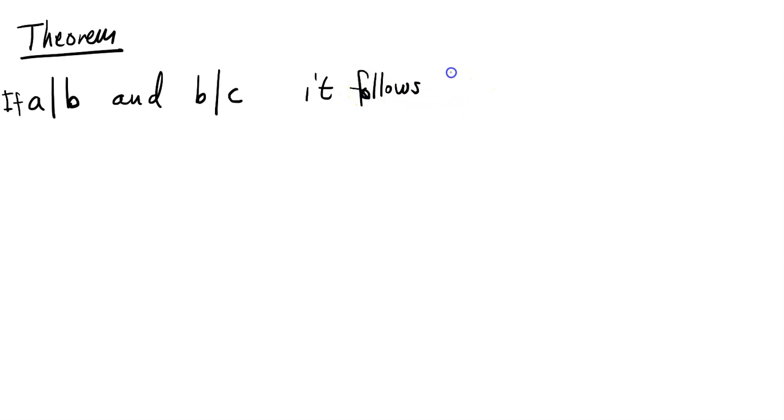It says that if a divides b, and if b divides c, then it follows that a divides c. So that's the theorem. So how can you prove that one?